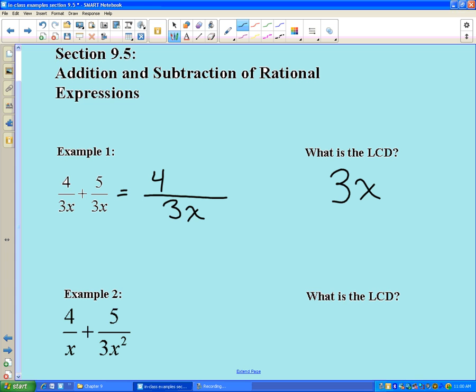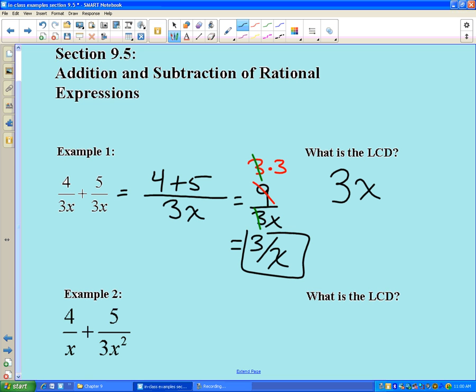So this is 4 plus 5 divided by 3x. So this is 9 over 3x. The 9, remember, is 3 times 3. 3's cancel, leaving 3 over x. There's my answer, fully reduced.